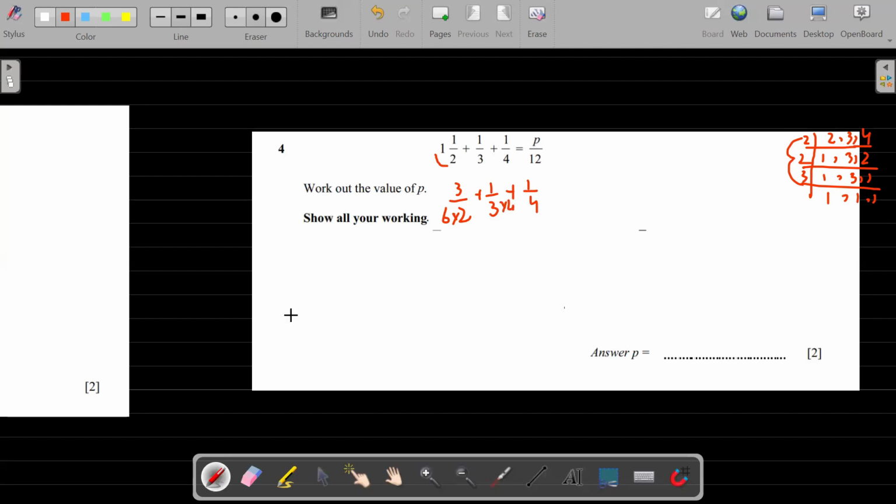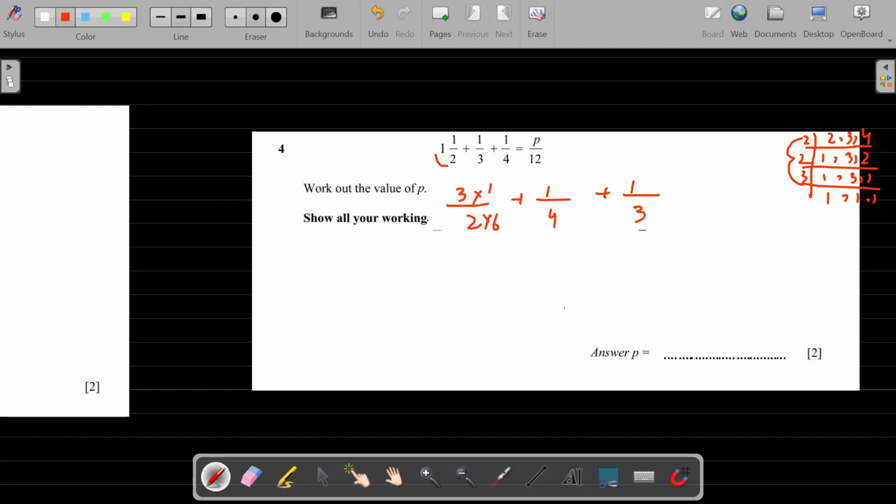Let me make some space for that. Just give me a moment because I was lacking space. 3 by 2 times 6 times 6 plus. Let's make the denominator the same.